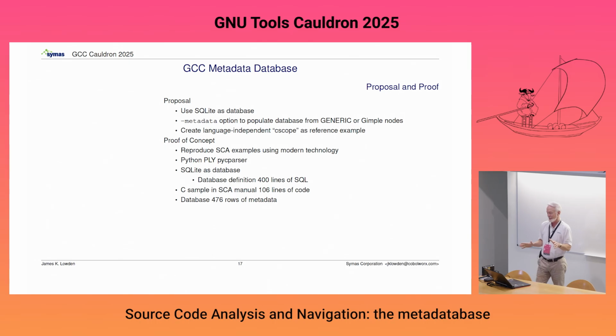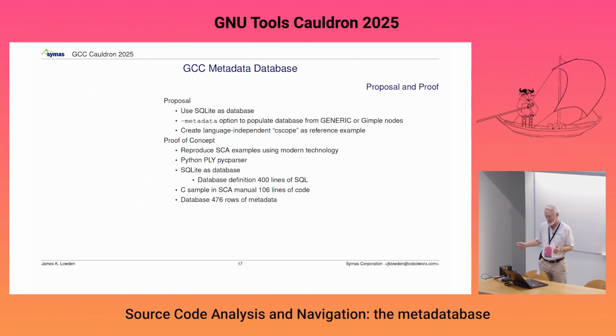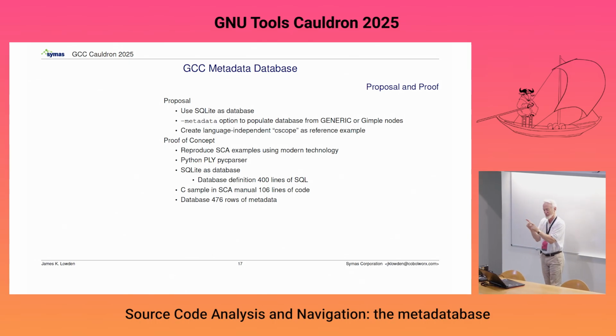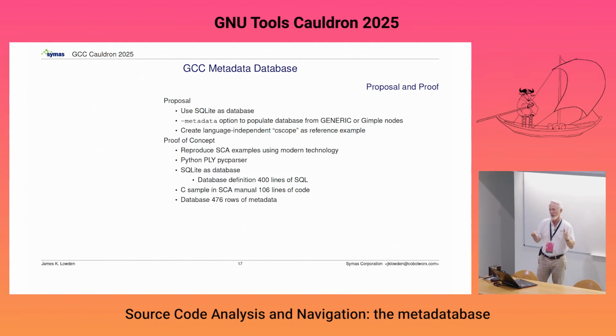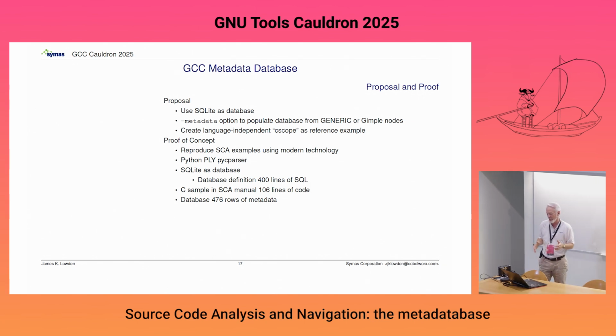So my proposal, what I'm hoping you will join me in making possible, moving from if to when, is to use SQLite as a database to store basically the entire parse tree, everything we know about the program when it is compiled. To add a command line option just to produce this, kind of a dump feature.